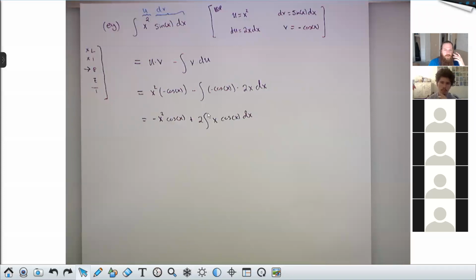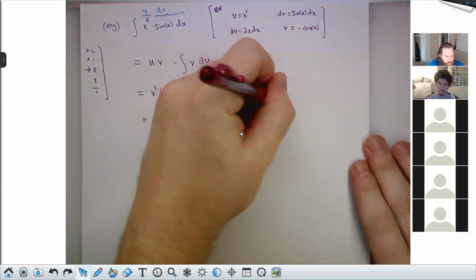And now when I look at the integral I have here, integral of x cos x dx, it's kind of similar to the integral I started with. It's a polynomial piece times a trig piece. And if I was going to differentiate x times cos x, I would use the product rule. So if I want to integrate it, I should use IBP. So we're going to do another run of IBP.